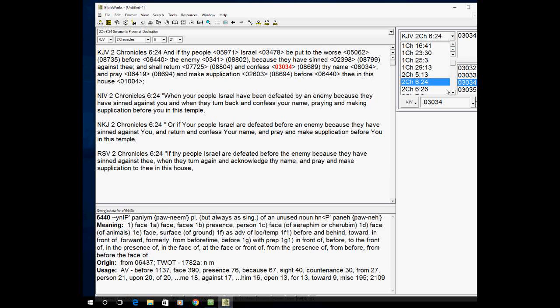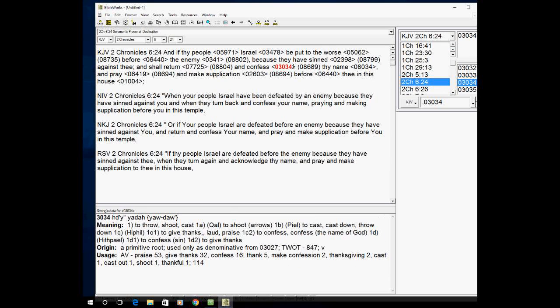I should review the word yada: to throw, to shoot, to cast out, give thanks, laud, or praise. So while we're speaking to our Father in heaven, we can thank him.